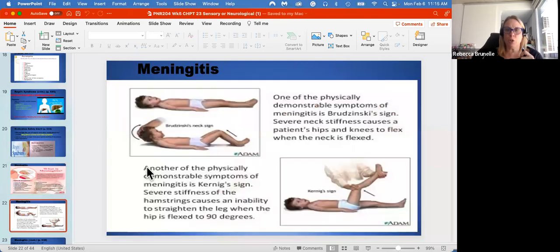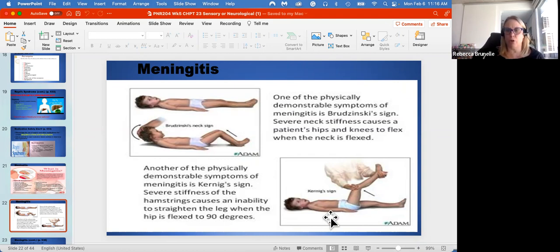So these are two different tests that we talk about when we're assessing for meningitis. This one here is the Brudzinski. You see the kid's flat, and then when you lift his neck up, he instinctively draws his knees up. So as you lift the head, the leg bends. That's a positive Brudzinski sign, and that's a sign of meningitis.